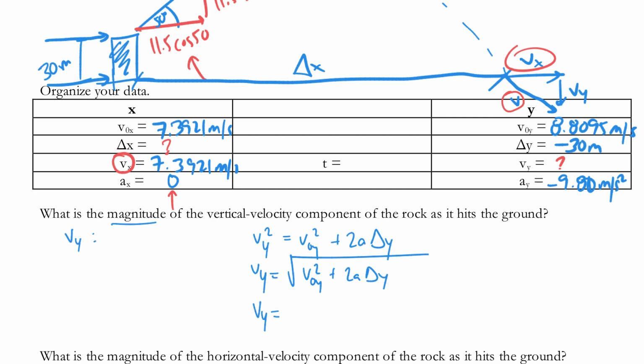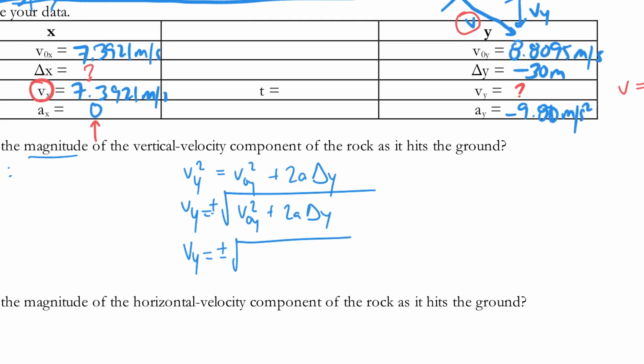So, positive or negative, square root of V naught Y, which is 8.8095 meters per second, squared, plus 2 times negative 9.80 meters per second squared, times the delta y, which is negative 30 meters.